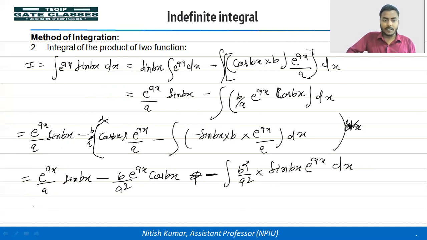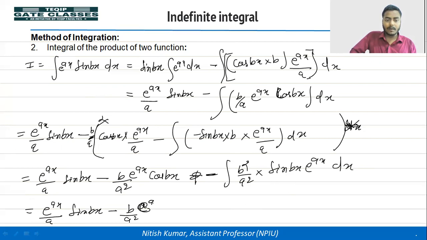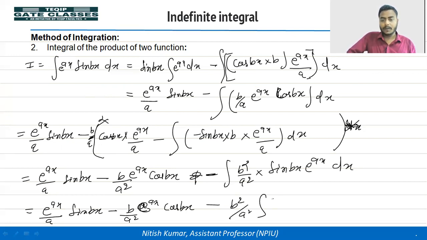This expression we can write like this also: e to the power ax divided by a sin bx minus b by a square e to the power ax cos bx minus b square by a square times integration of sin bx into e to the power ax dx.